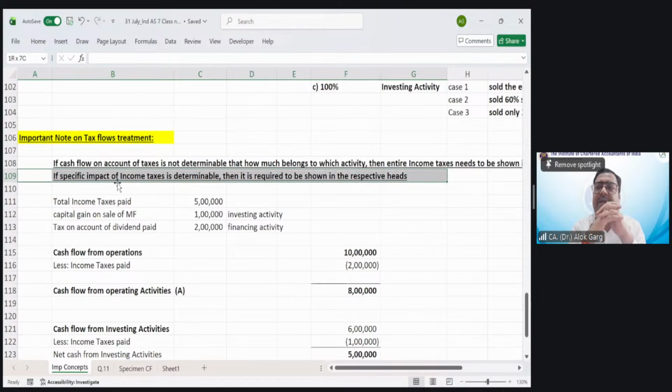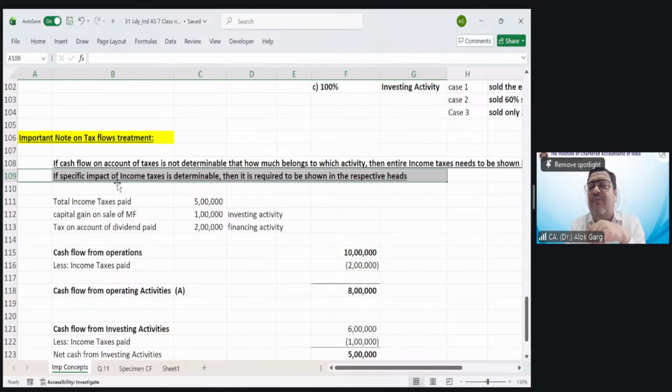For example, the company has a profit of 2000 crores and 1000 crore belongs to the sale of shares and mutual funds. And on this 1000 crore, when the company prepared the computation of income, 200 crores belongs to the tax on capital gain on the sale of mutual funds. The total tax is, let's say, 500 crores. But 200 crore belongs to capital gain on mutual funds.